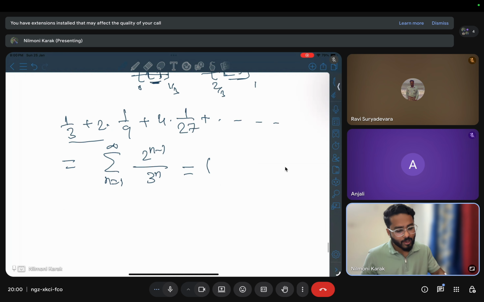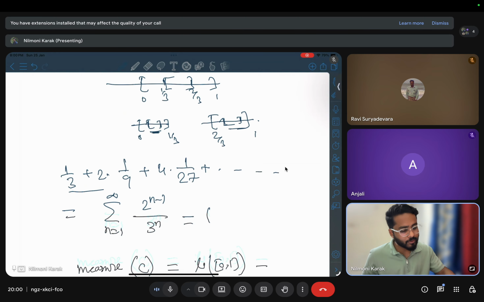What is the total length of the interval 0 to 1? So the measure of the Cantor set C is the total length of 0 to 1 minus the length I am removing.